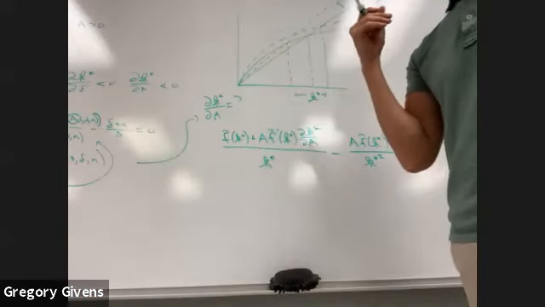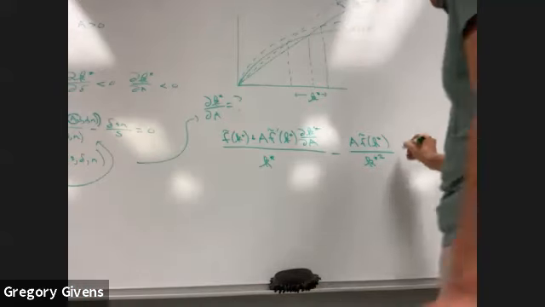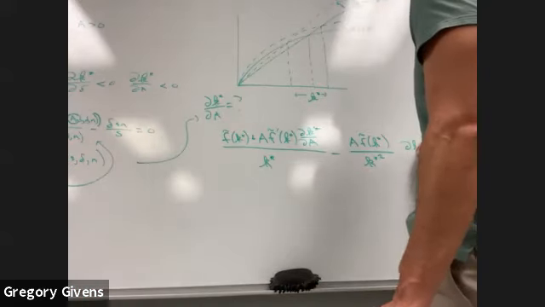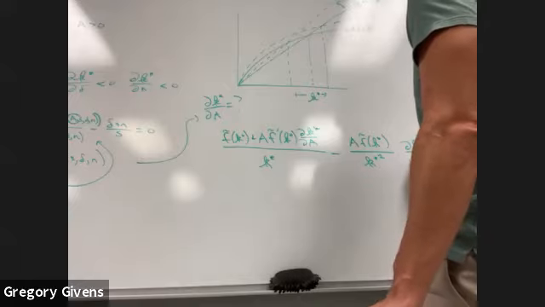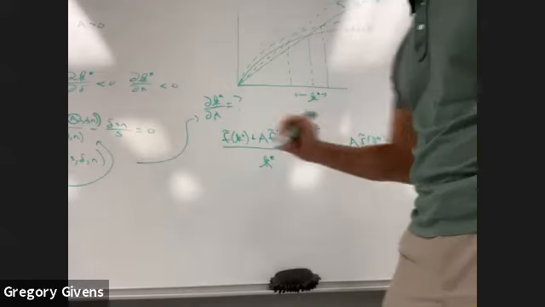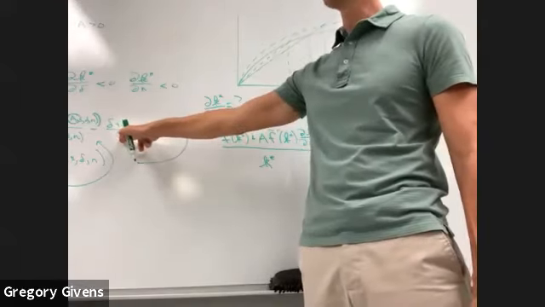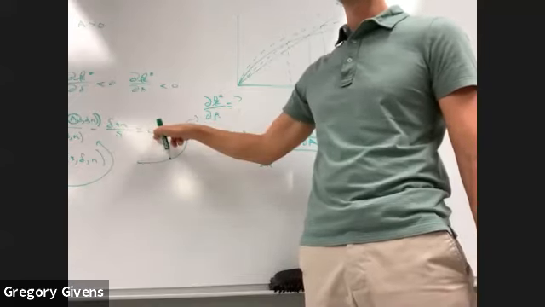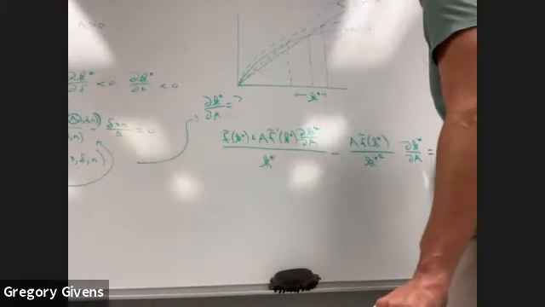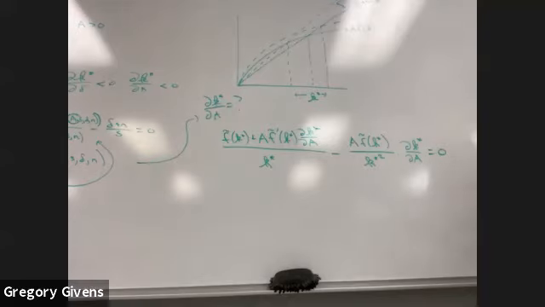But you've got to recognize that, again, K star is a function of A. So chain rule, partial of K star with respect to A. A does not appear in this constant term. The right-hand side is 0. And this whole thing is equal to 0.